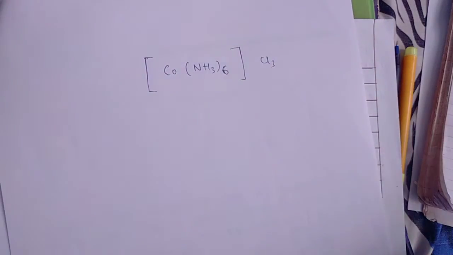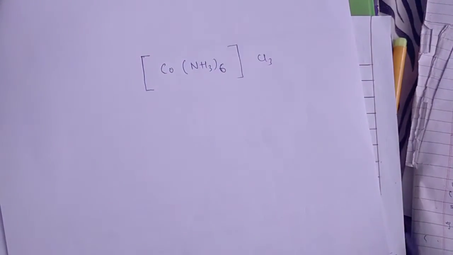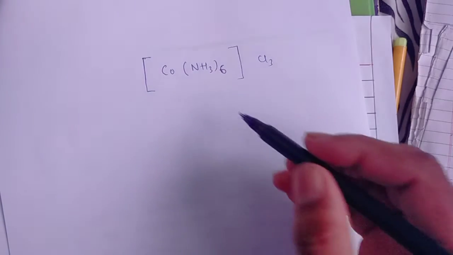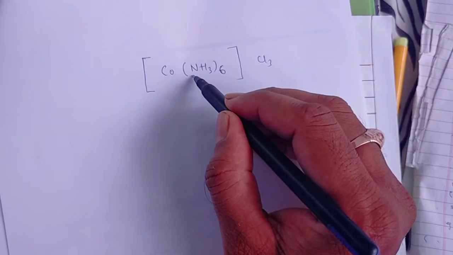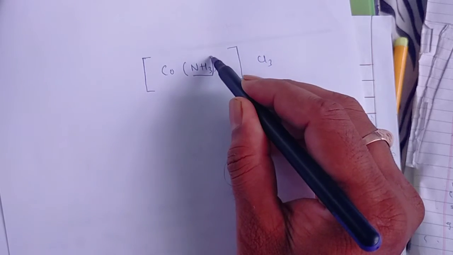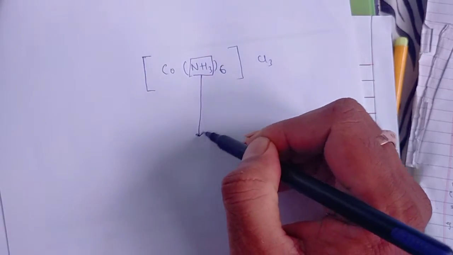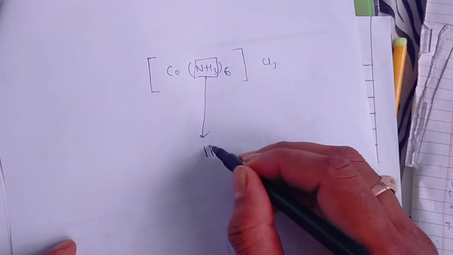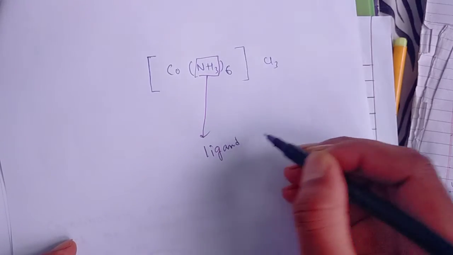Next, if I take a complex like [Co(NH3)6]Cl3, in this one NH3 is called the ligand.